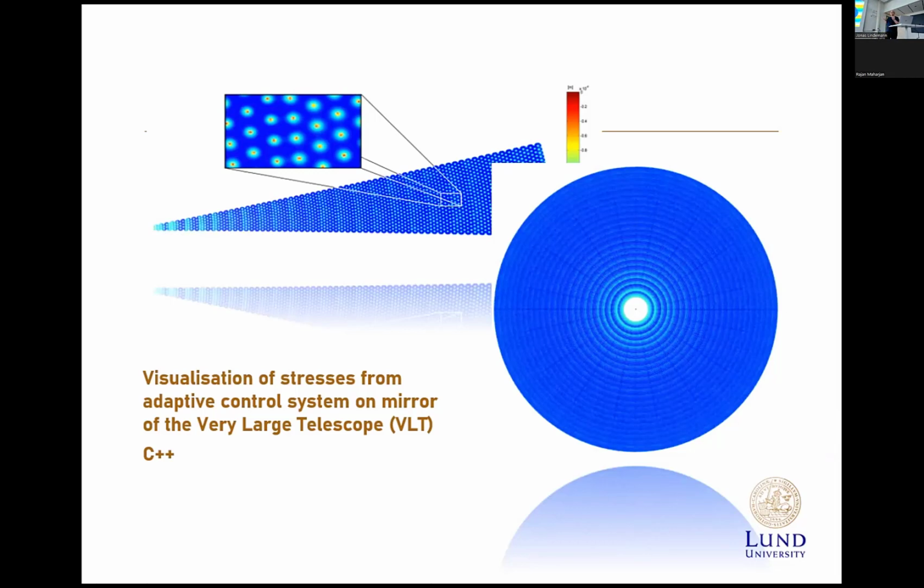The adaptive control system for that mirror has a lot of actuators that control the mirror's surface. And we didn't have a program to visualize this, so we developed our own visualization tool for this. This is typically a task when you have your own code for computing something, but there's no clear way of visualizing things.